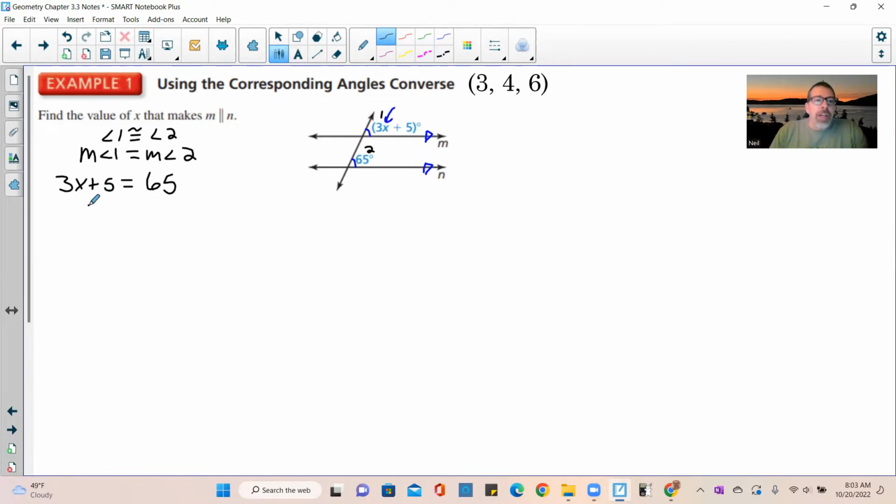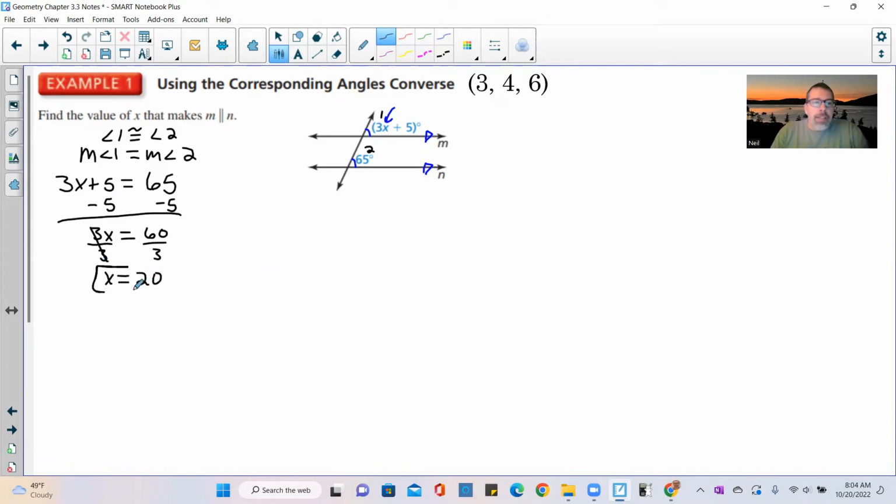So now we're going to do that. We're going to do the subtraction property of equality, and that's going to get 5 over to the other side, and 65 minus 5 is 60. Then we're going to do the division property of equality to get rid of this times 3. The 3's cancel, and I'm left with 60 divided by 3, which is 20.